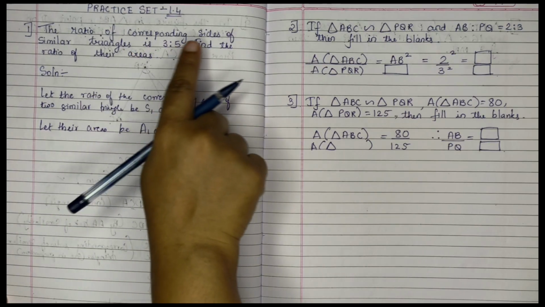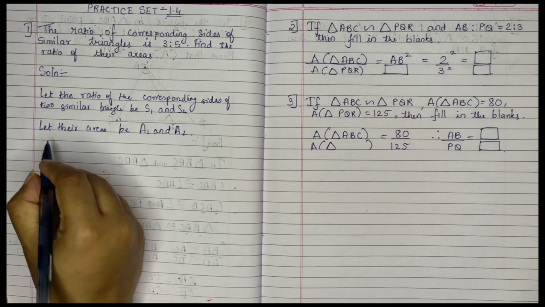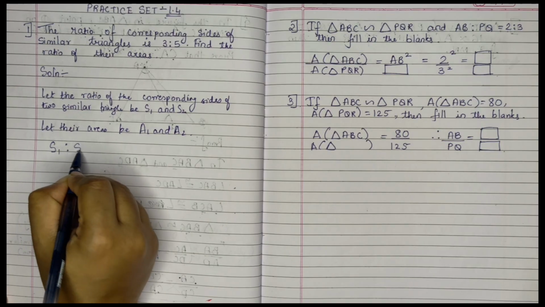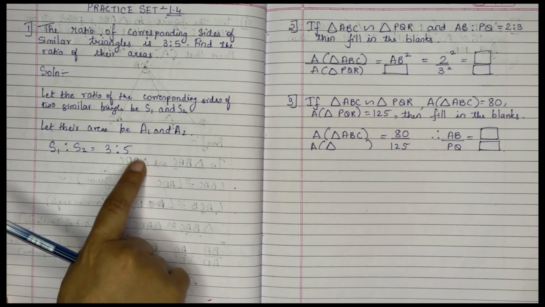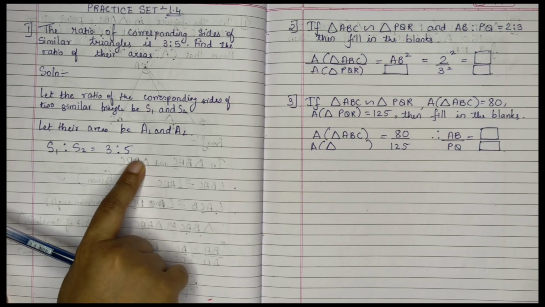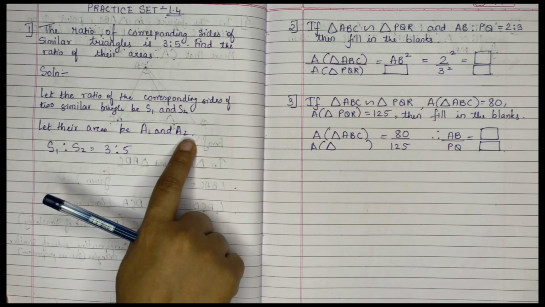Now what is given? The ratio of their sides is given, that means S1:S2 is equal to 3:5. Now we have to find the ratio of the areas.